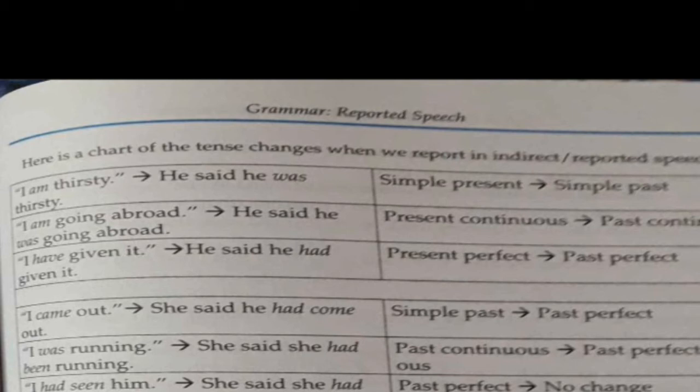Say and tell are the most common reporting verbs. They both mean the same, but there is an important grammatical difference in the way they are used. With tell, we need the object noun or pronoun.